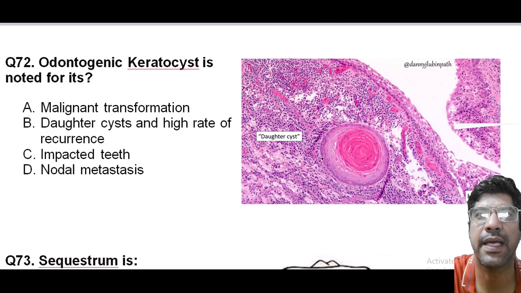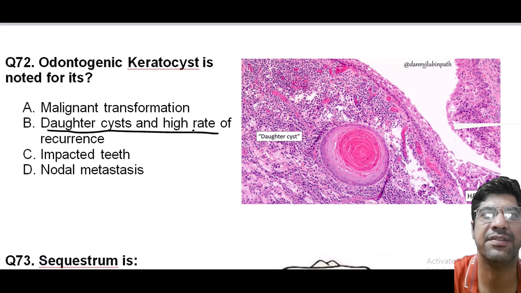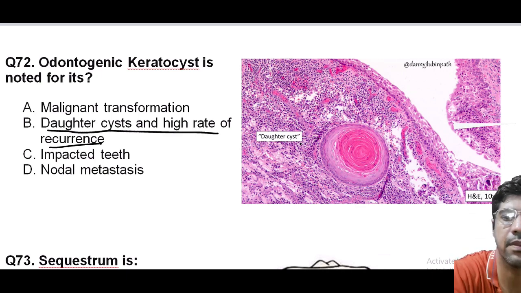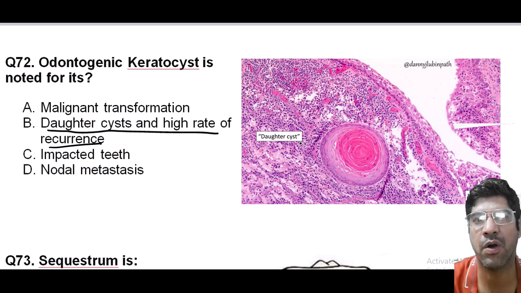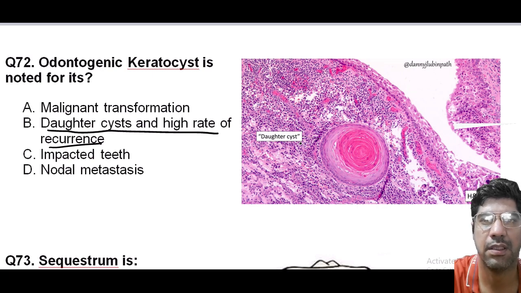The odontogenic keratocyst is noted for, answer is B, daughter cell cyst and high rate of recurrence. So the OKC is known for presence of daughter cysts along with the primary cyst, and it has a high rate of recurrence.